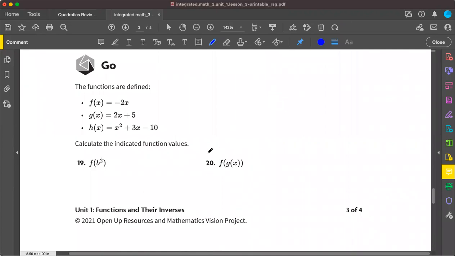So this is calculating the indicated function values. This is f of g of x. So g of x is 2x plus 5. This is saying that if you have this modeled out as negative 2x, because f of x equals negative 2x, whatever your input is here, you're now putting that in place of your input from before.